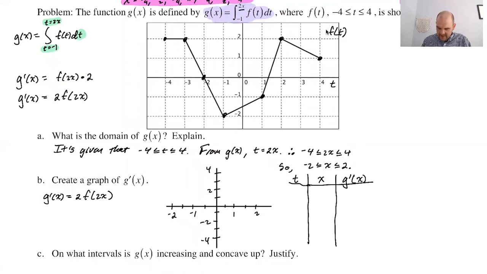Why is that the order I'm going in? Well, I know the t values because this graph up here is f of t. So I know the t values of the key points. The t values are going to be at 4, 2, 1, -1, possibly -2, I'm going to skip that one, -3, and -4. What's the relationship between t and x?